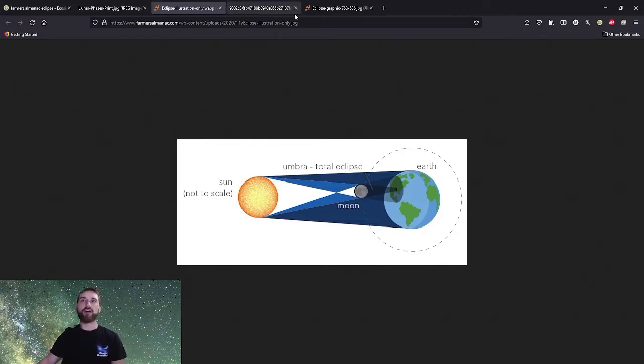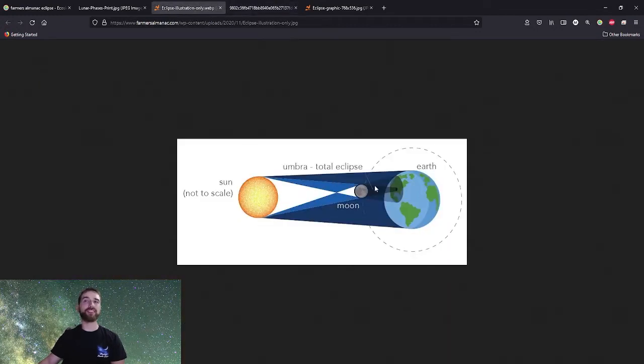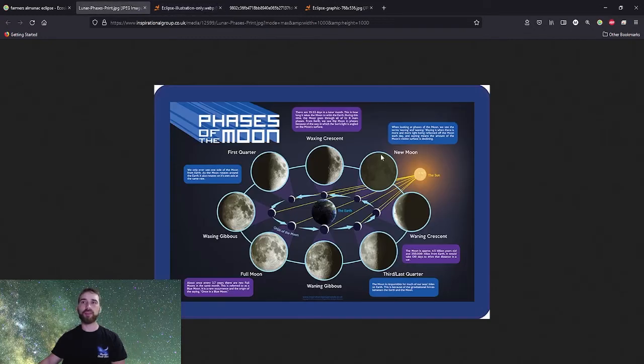So when we have a lunar eclipse, we see the full moon eclipsed completely, whereas the earth is never eclipsed completely. That would be catastrophic. So we only have a small path on the Earth's surface whenever a solar eclipse happens. But again, that happens during the new moon, in this phase.